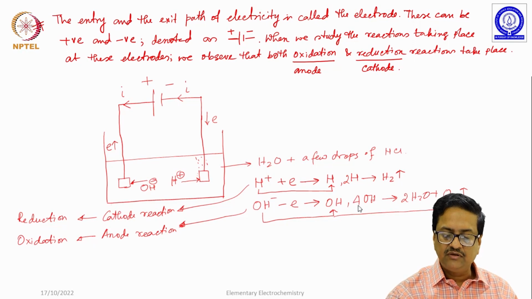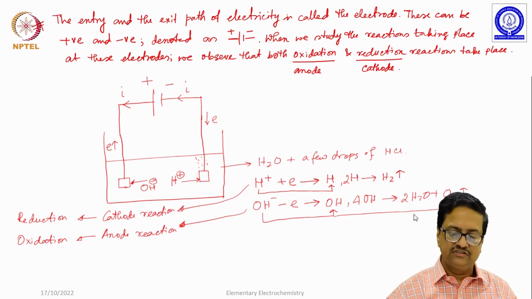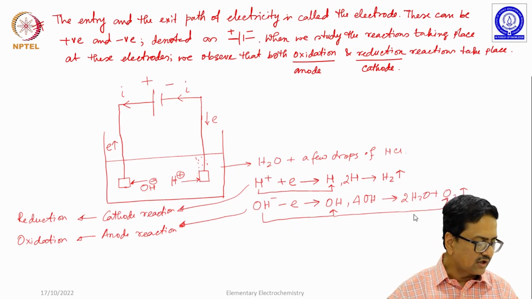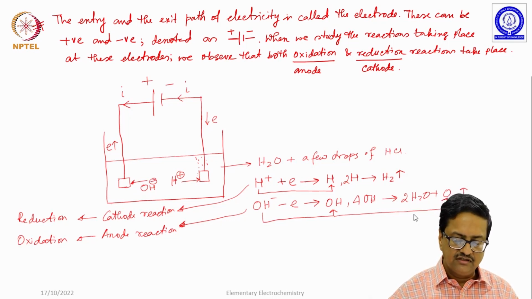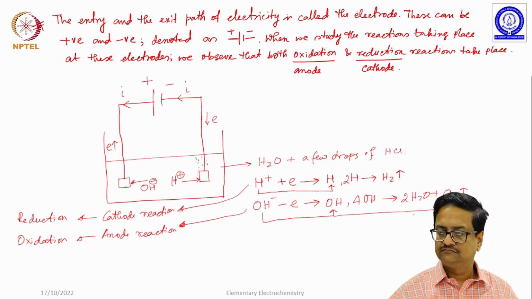So this reaction will be only half of it, that is half 2 OH will give you H2O plus half O2, in terms of quantity of oxygen that is released. And it should maintain that 2:1 ratio of hydrogen to oxygen in the evolved gas.